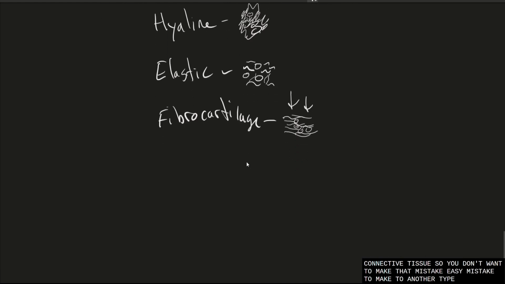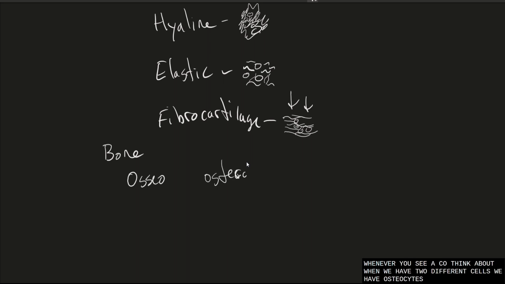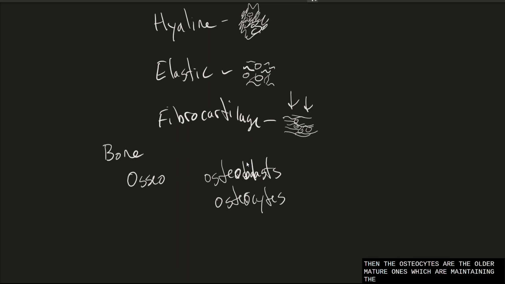Another type of connective tissue is bone. Remember, whenever you see osteo, think bone. And we have the different cells. Let's start with osteoblasts, and they become osteocytes. Osteoblasts are young osseous tissue forming cells, and the osteocytes are the older, mature ones, which are maintaining the region.